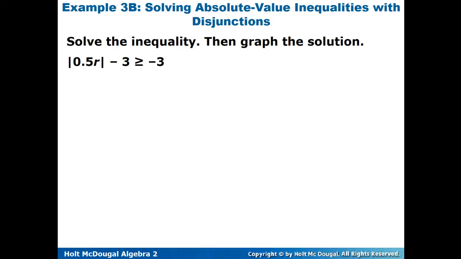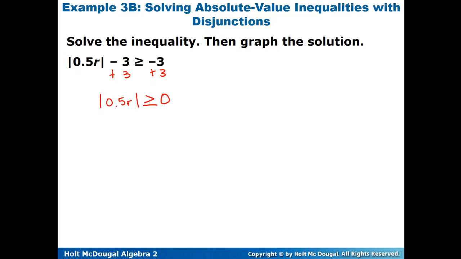All right, here's another one that I want to do for you. First of all, let's isolate the absolute value so that it is by itself, and we're going to do that by adding 3 to both sides. So we end up with the absolute value of 0.5 times r is greater than 0.